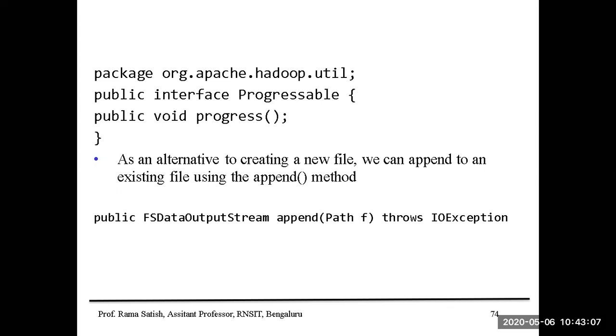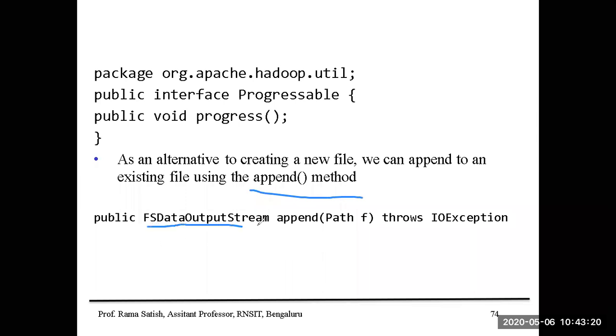In order to append data to the existing file, you can use the append method. This append method is again associated with FSDataOutputStream. You have to give the path, and based on the path, the file contents, whatever you give, will be appended. We'll see this in the example that we are about to discuss.